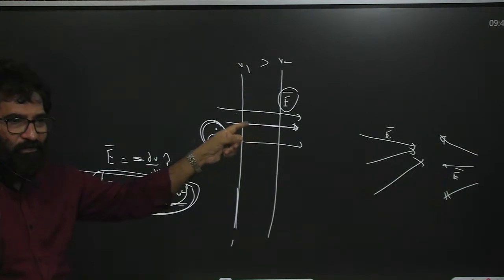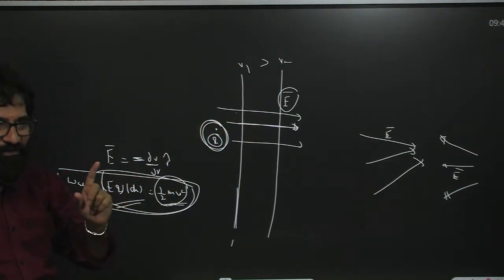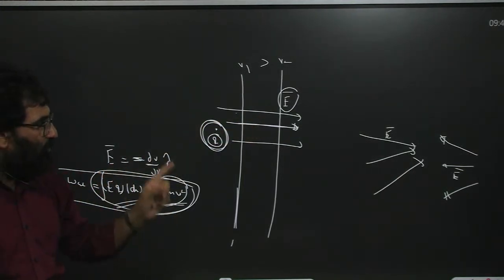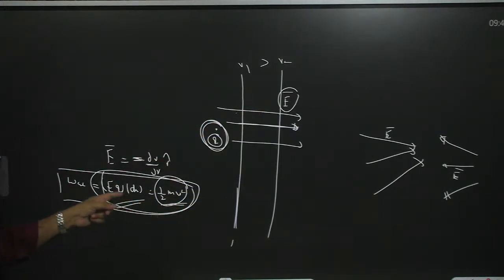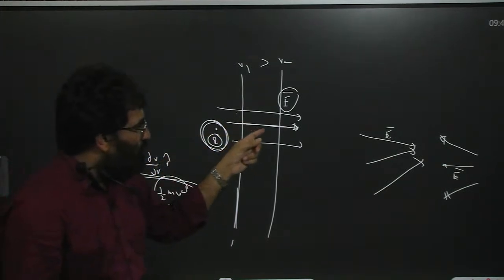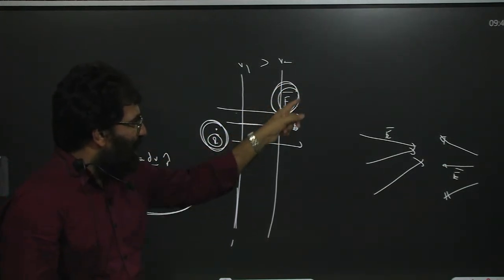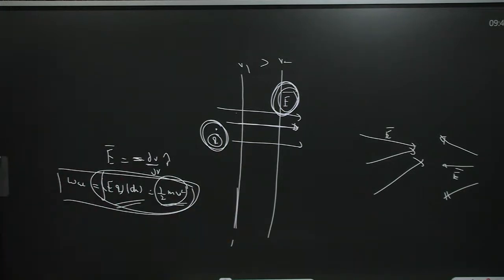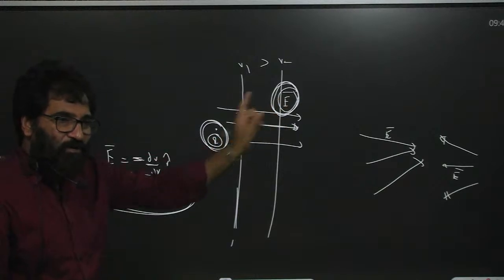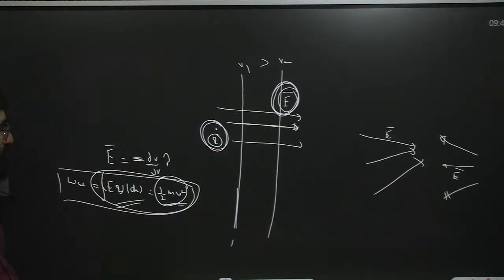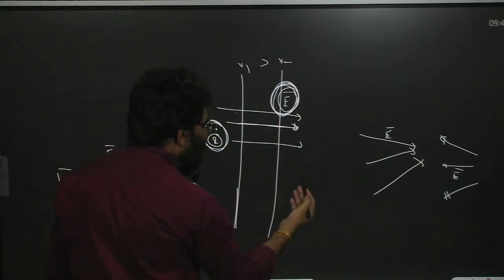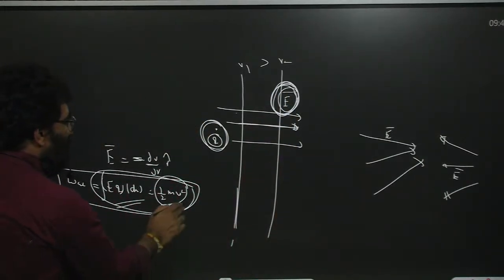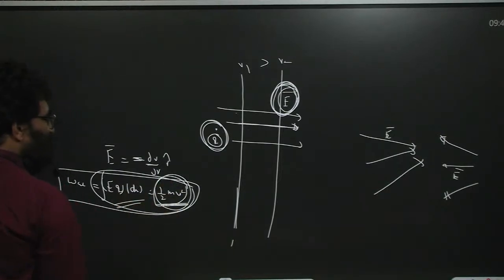Suppose there is a uniform electric field, the charged particle tries to move; this electric field always changes the magnitude of the velocity, not the direction of the velocity. Magnetic field always changes the direction, but does not change the magnitude. So the electric field always changes the magnitude of velocity, meaning it can do work and change the kinetic energy.